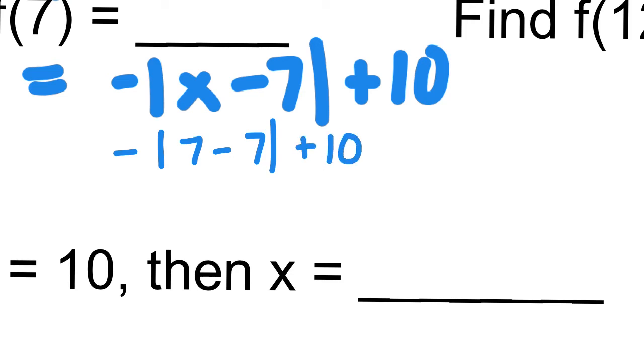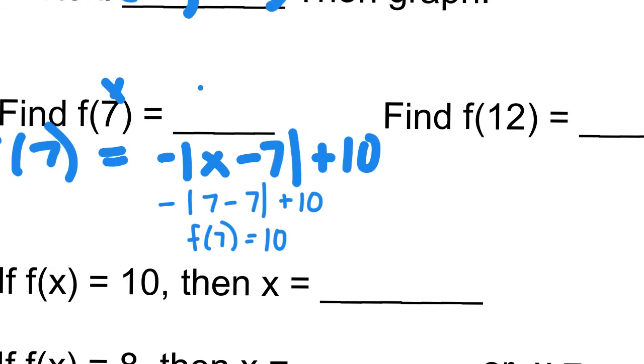So 7 minus 7 is 0. The absolute value of 0 is 0. We can't have a -0. So that means f of 7 is equal to 10. So when x is 7, the y value is equal to 10.